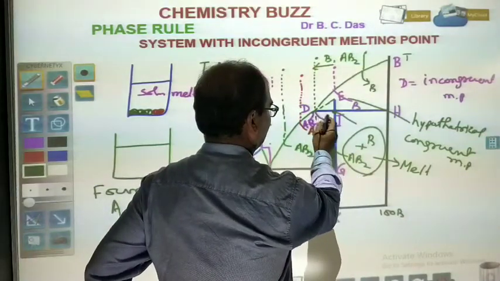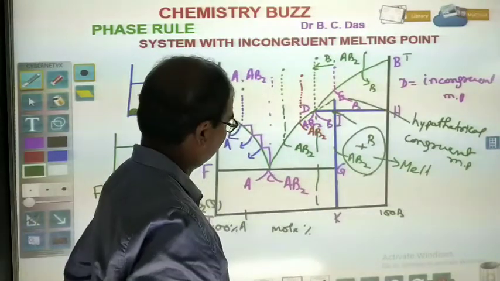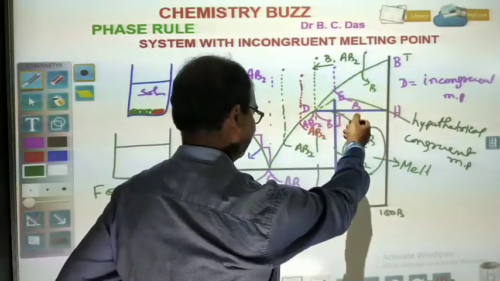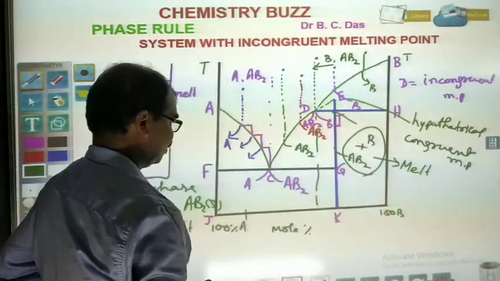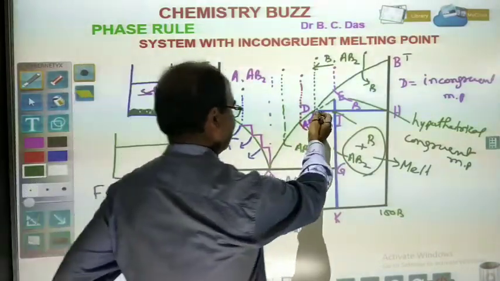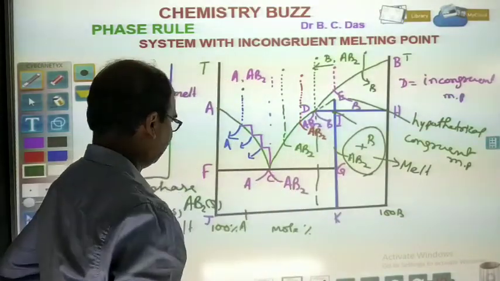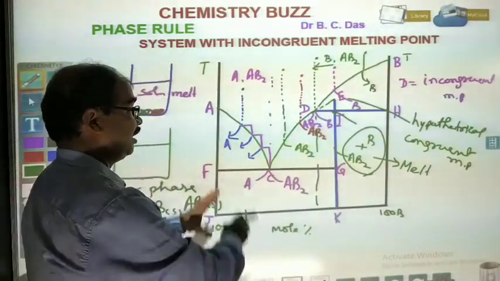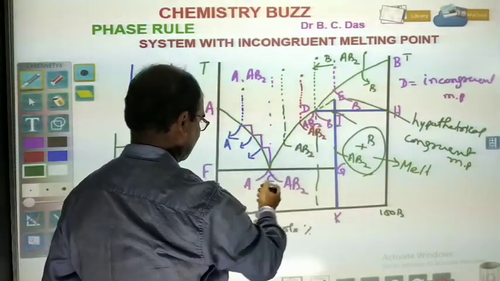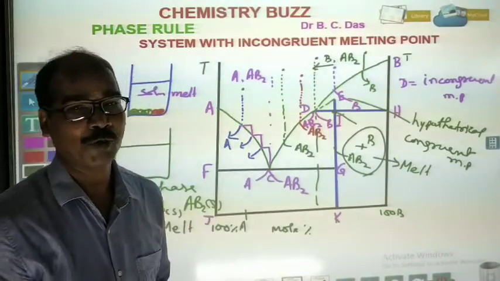These points are difficult to form, but in the diagram we can show them easily. The degree of freedom at point D is 0. So D is invariant, C is invariant, and any point on the curve or below the curve is monovariant.